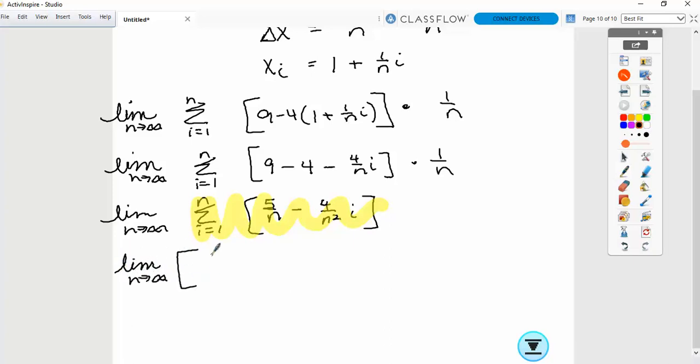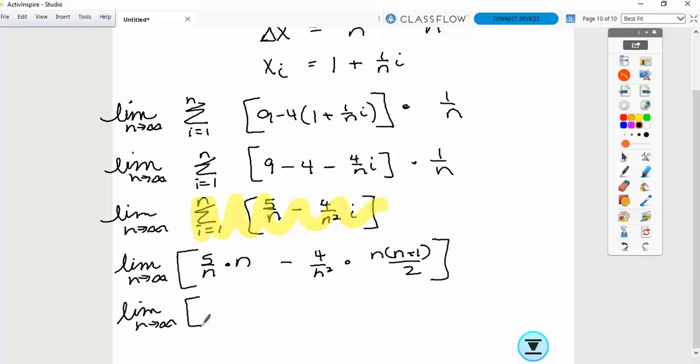So we keep the limit. So I have 5 over n, I'm adding that up n times. It's just constant, so you just multiply it by n. Minus 4 over n squared, and then my I formula is n times n plus 1 over 2. So 5 over n times n is 5.